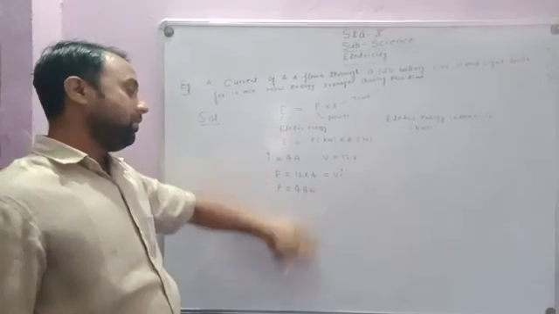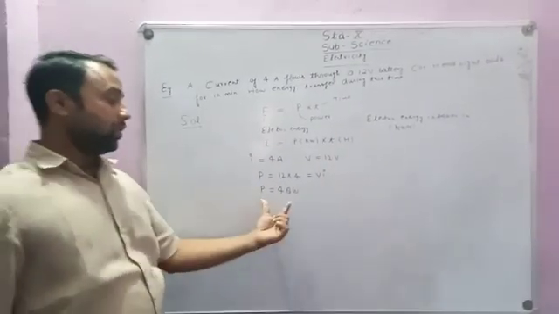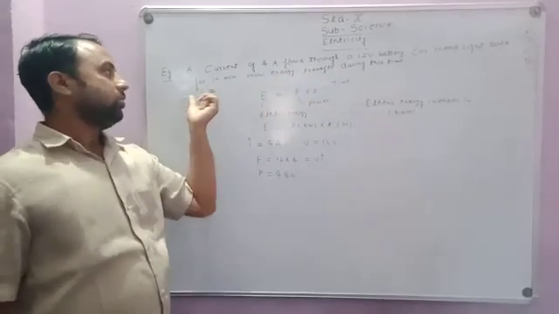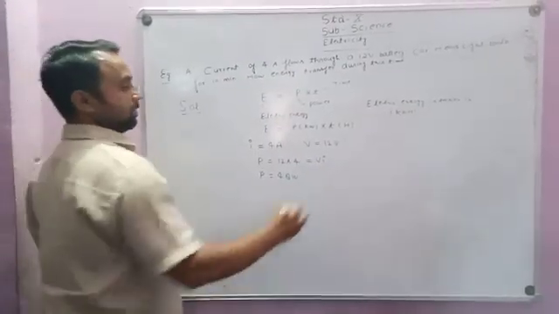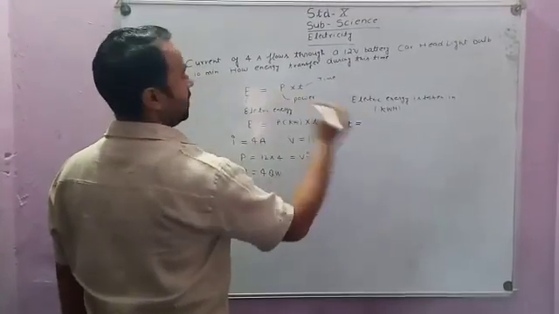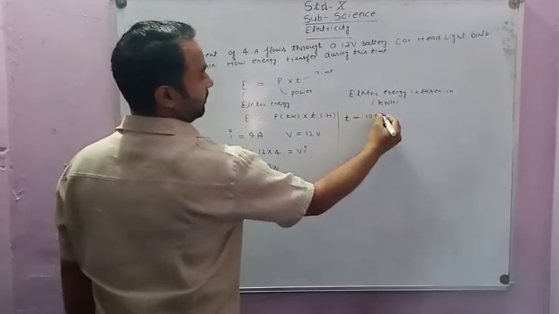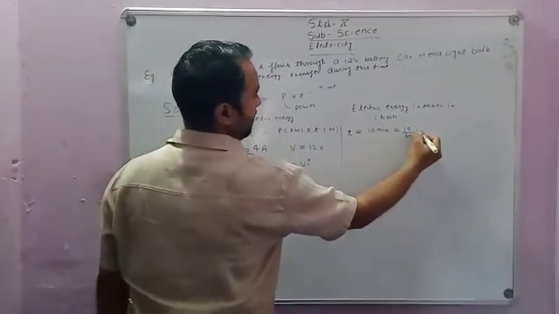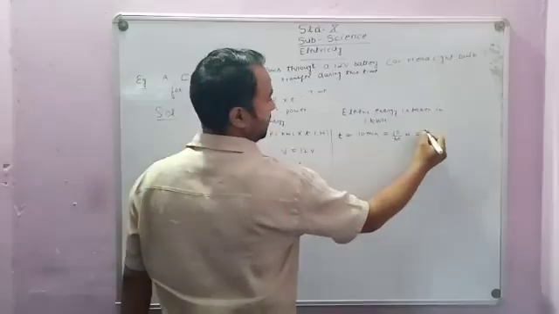Now this power we have to convert into kilowatt, and the time taken is 10 minutes. So suppose time t is equal to 10 minutes, and this 10 minutes is converted into hours, which is 1/6 hour.